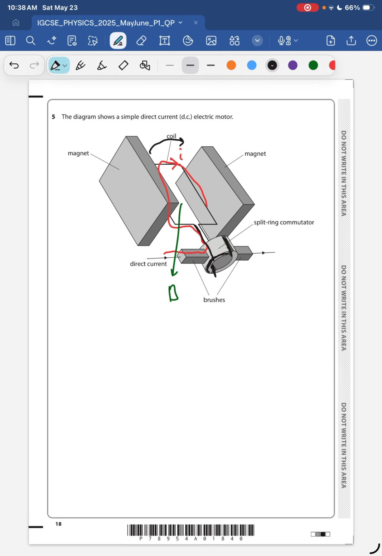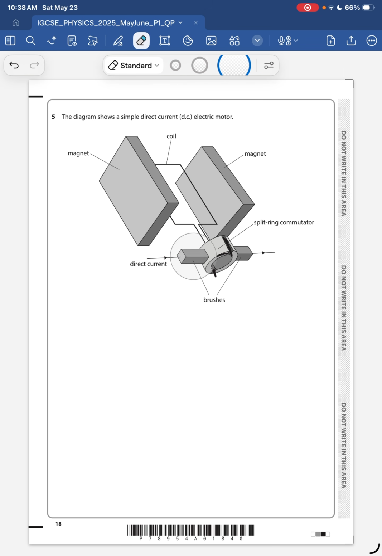So the current remains in the direction I'm showing over there. Okay, I hope this explanation helps. If it doesn't, ask me in the comment section, and I'm going to provide further explanations if needed.